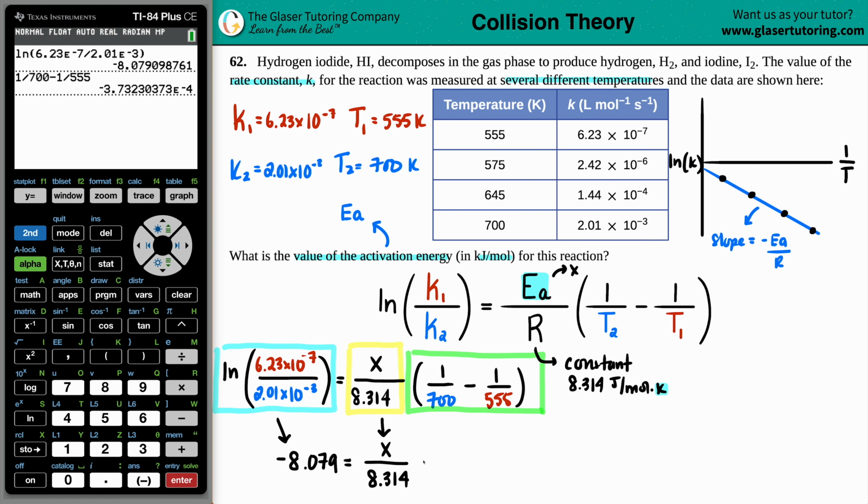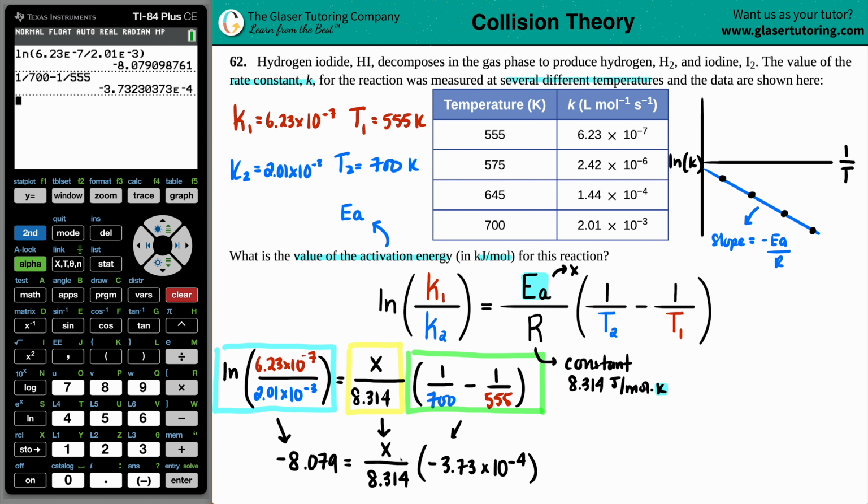Press enter, and there you go. So this whole thing is now going to be multiplied by negative 3.73 times 10 to the negative 4th. So now we're here.